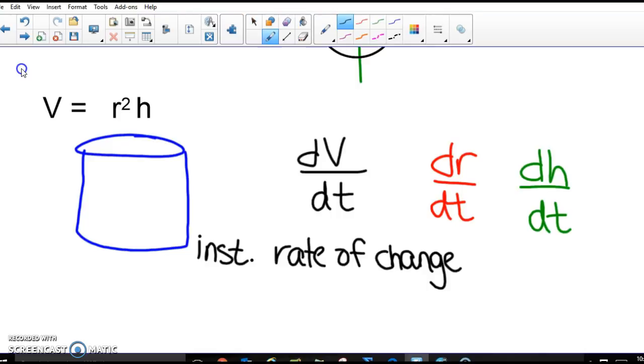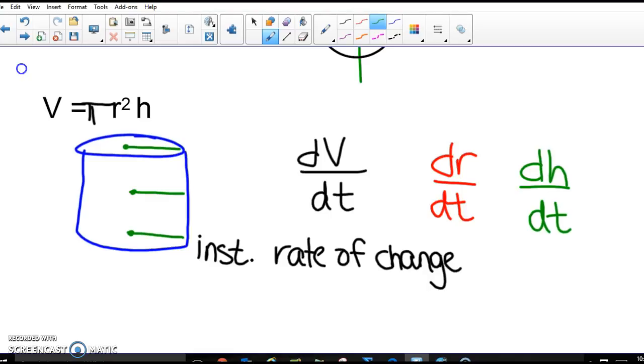We'll be taking the derivative of a formula. And that formula might allow all the variables to change, which means I would see dv/dt, dr/dt, dh/dt. But the formula might have a scenario where some aspects of it are not changing. For instance, in this cylinder, it would be really common for the radius to be the same whether I have practically nothing in it, about halfway up, or a completely full cylinder.